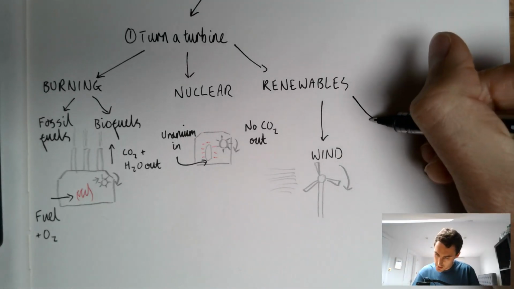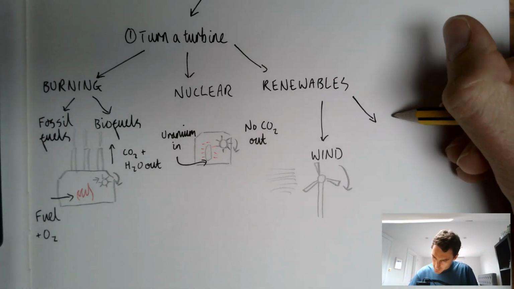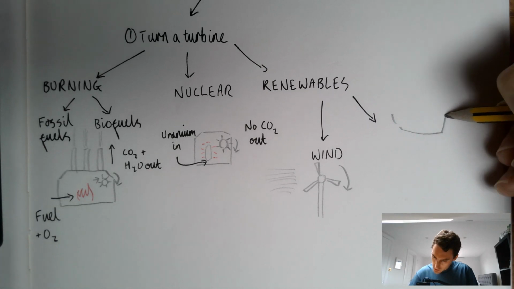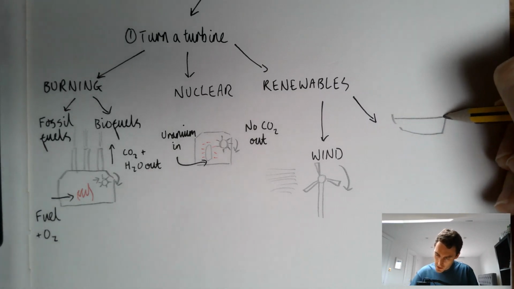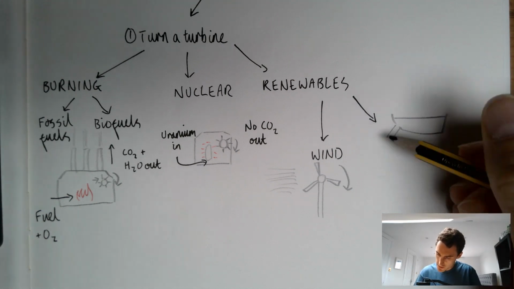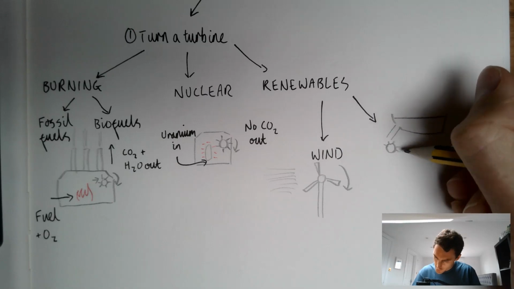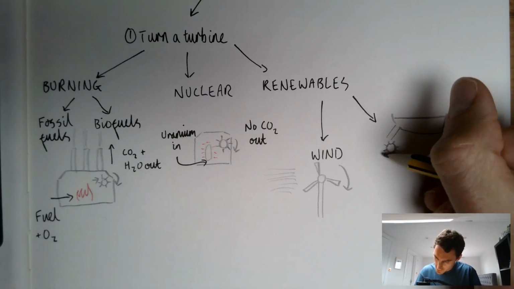Another way is hydroelectric. So we could get a big reservoir of water high up on a mountain somewhere, and again, videos and stuff are really, really good for this. We could let the water flow downwards, and then we could put a turbine there. And again, this is how old-fashioned water wheels in mills and stuff used to work.